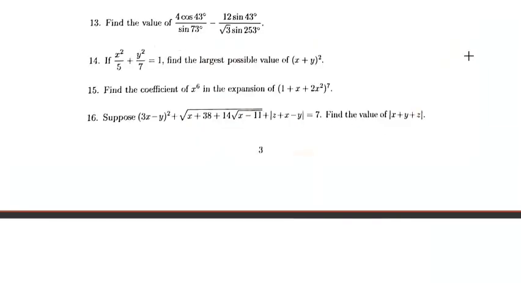SMO 2020 senior section first round, problem number 13. Find the value of 4 cos 43 over sine 73 minus 12 sine 43 over root 3 sine 253. Now, if we want to solve this problem, we know sine of alpha plus 180 equals negative sine alpha.